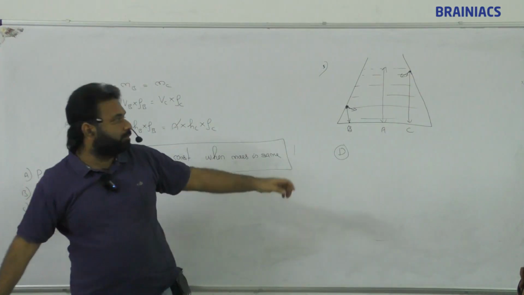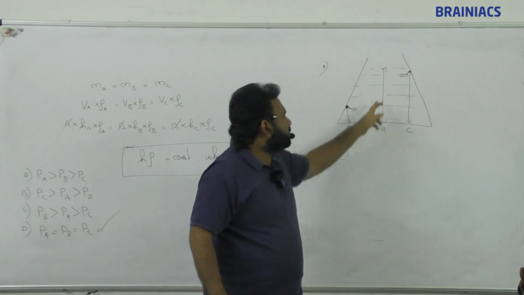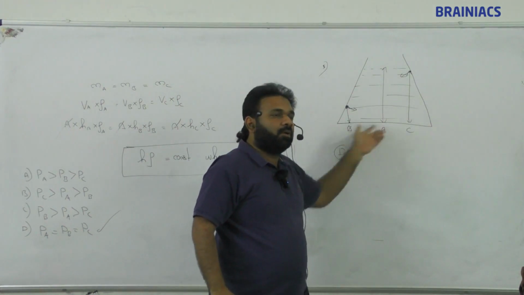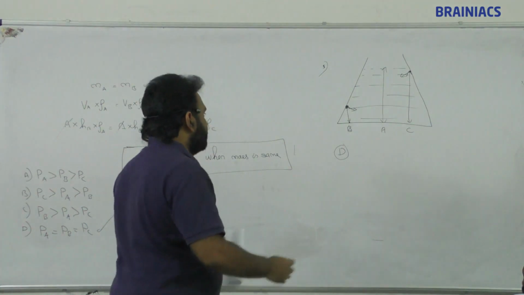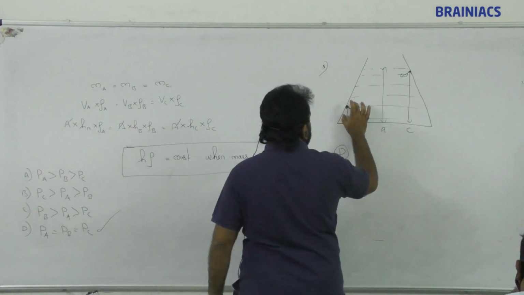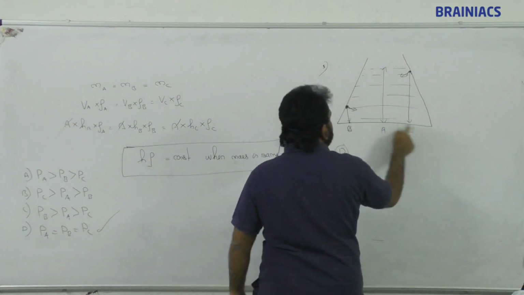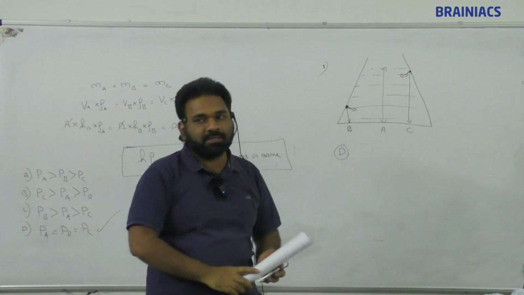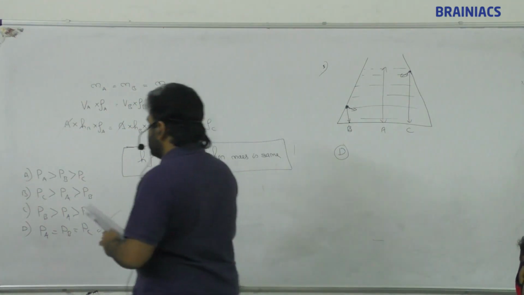Because here normal reaction is there, suppose if this pressure is more, water will flow. So finally the only explanation we can give is that this normal reaction is enough to make the pressure at these 3 points the same. So again the answer is D.